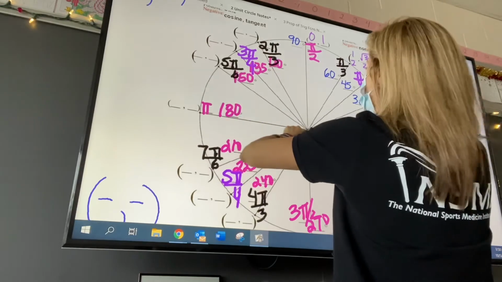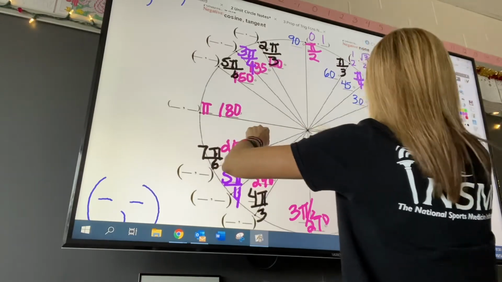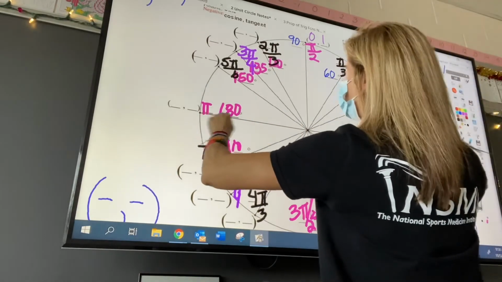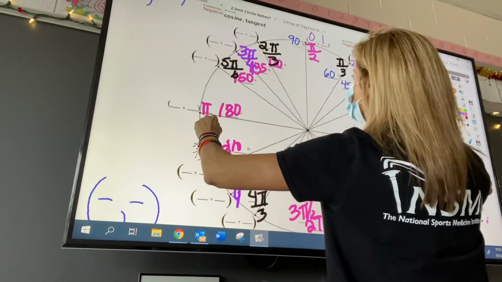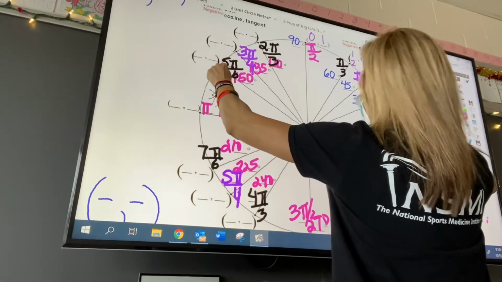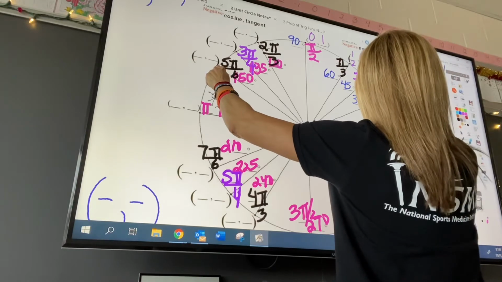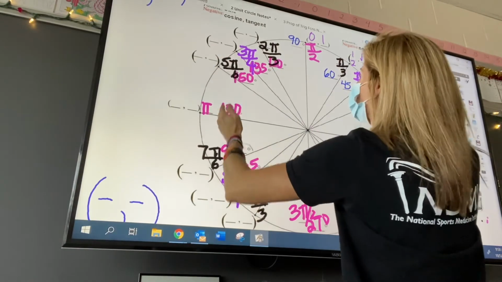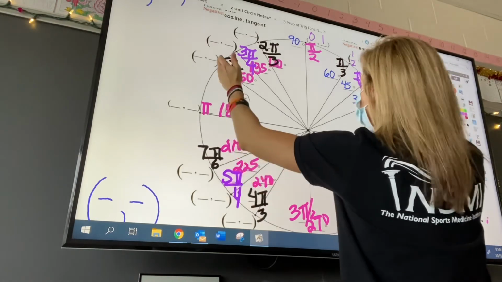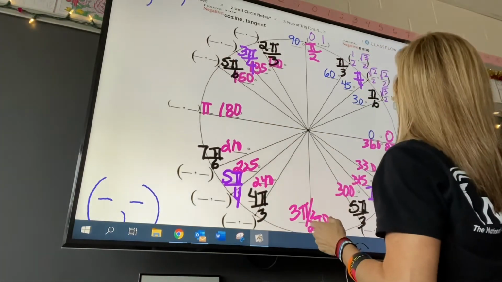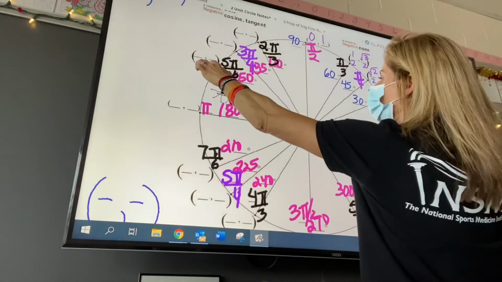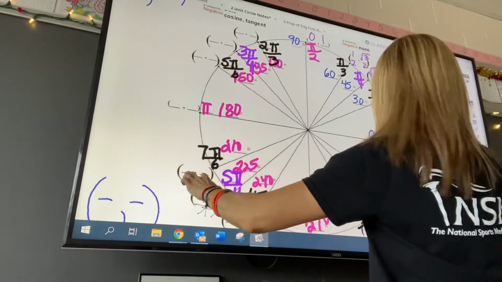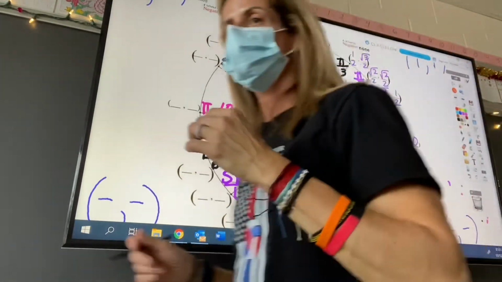We know the x distance is positive in this direction, and it's negative in this direction, but it's the same distance. So that ordered pair is going to be the same as this one. It's just that the x coordinate is going to be negative, but the y coordinate will still be positive. So we're just going to use these values over here. We'll do the same in the other quadrants with the different signs.